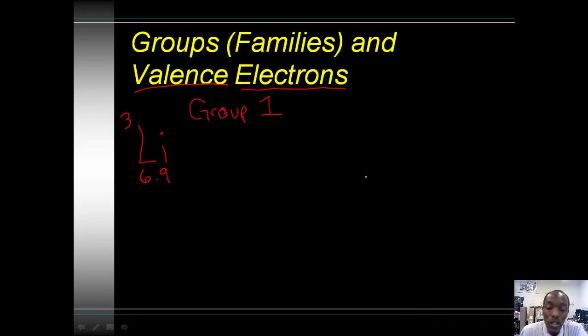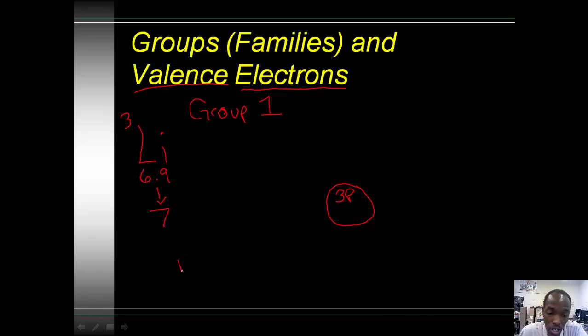Alright, so we're going to construct our Bohr model. Remember, our Bohr models tell us the number of electrons, as they are important in chemical bonds. So let's make a Bohr model for lithium. Here we have lithium, and we know from our atomic number that lithium has 3 protons. We can also determine the number of neutrons, because if you round 6.9, it rounds up to 7.